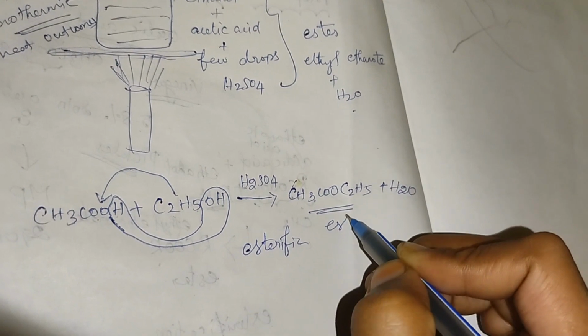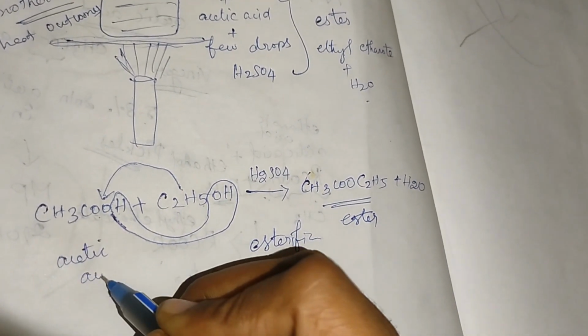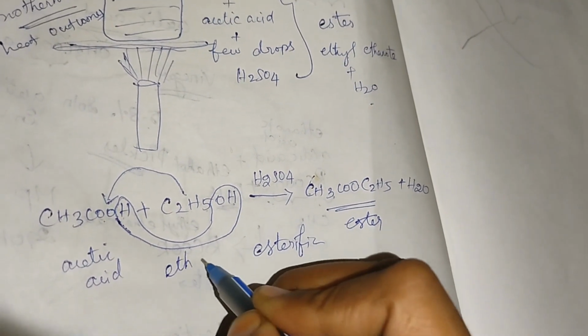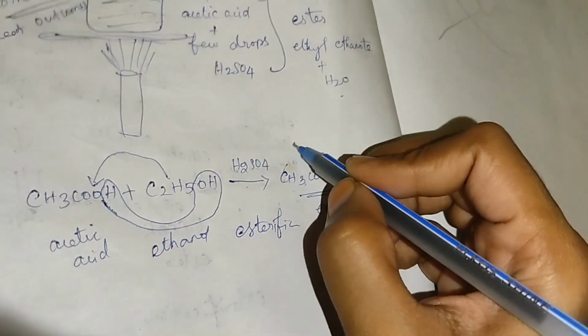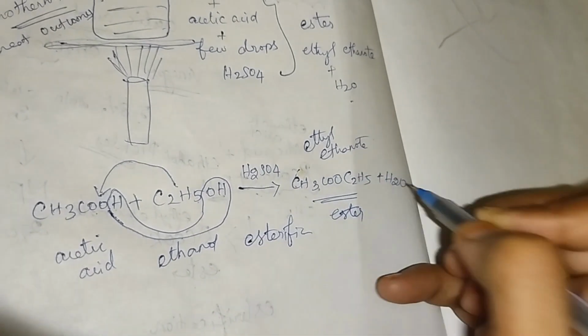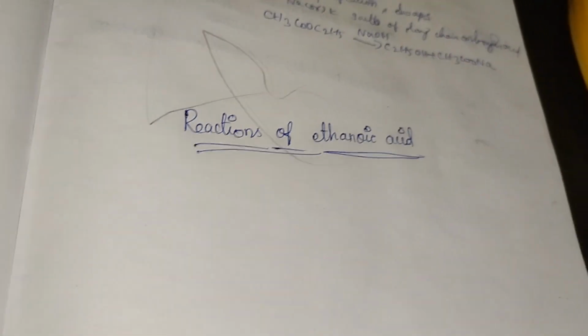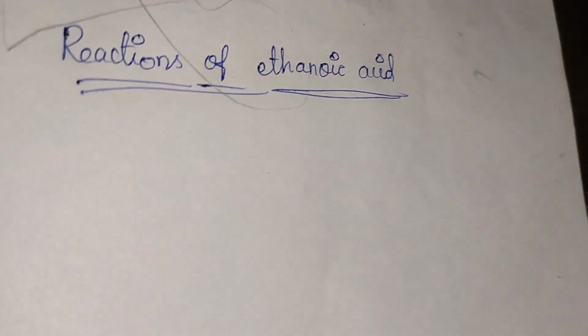This is acetic acid, this is ethanol, this is ethyl ethanoate, and this is water. This is the derivation. So here we saw some reactions of ethanoic acid.